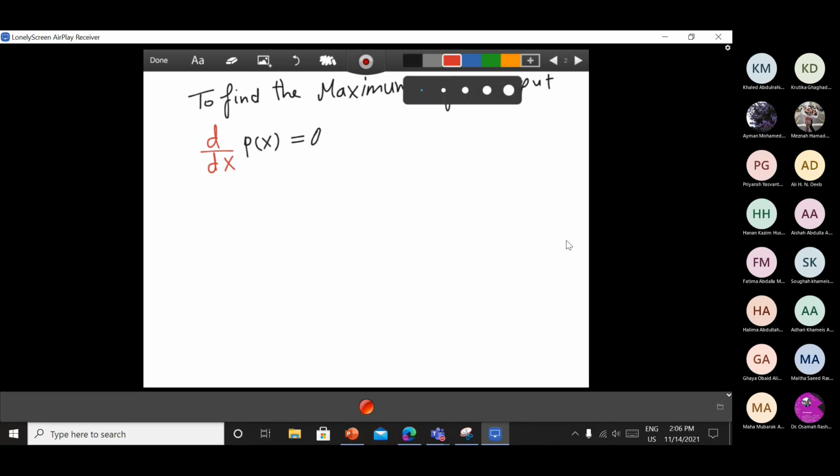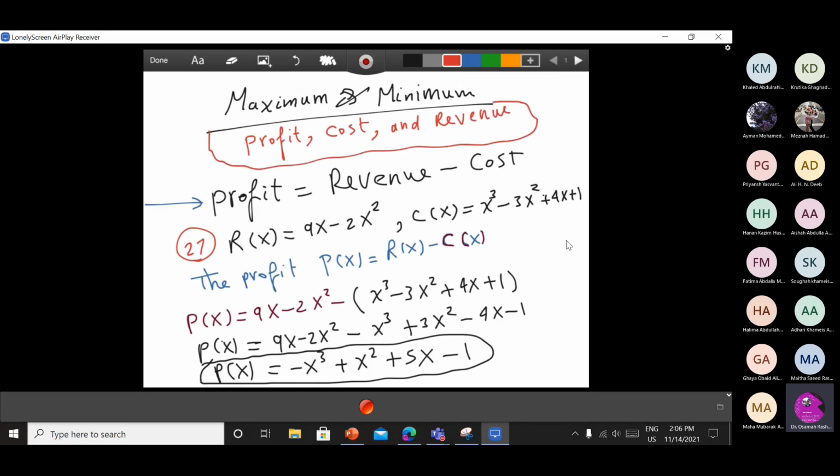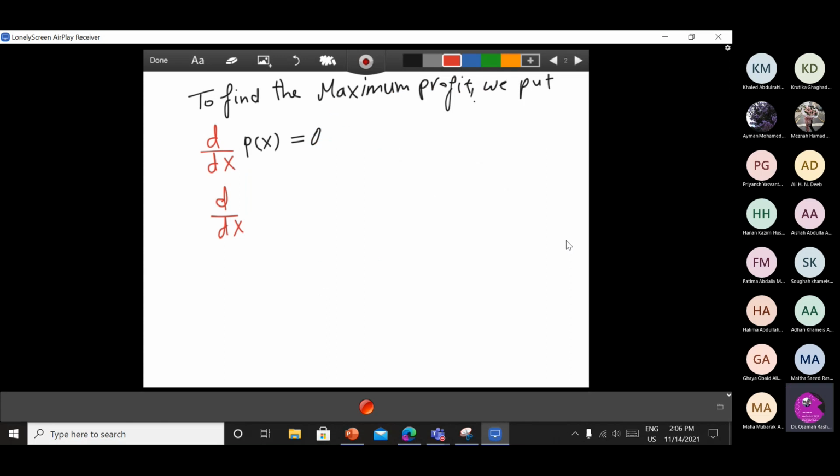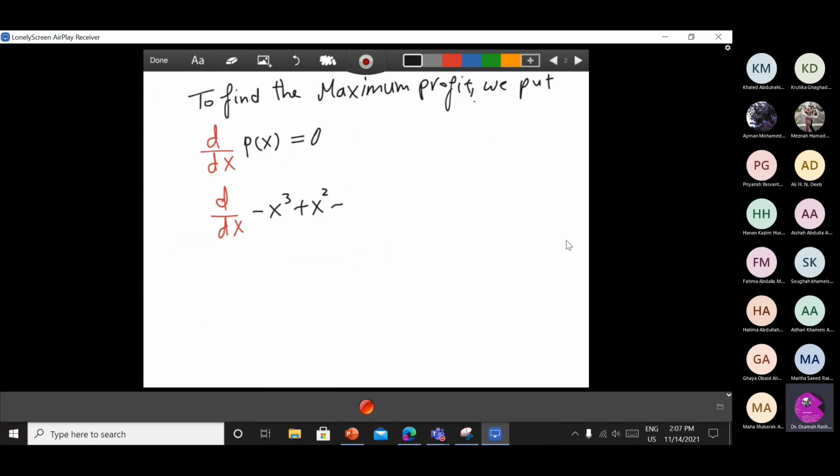So I have d by dx for the profit is minus x cubed plus x squared plus 5x minus 1, equal to 0.